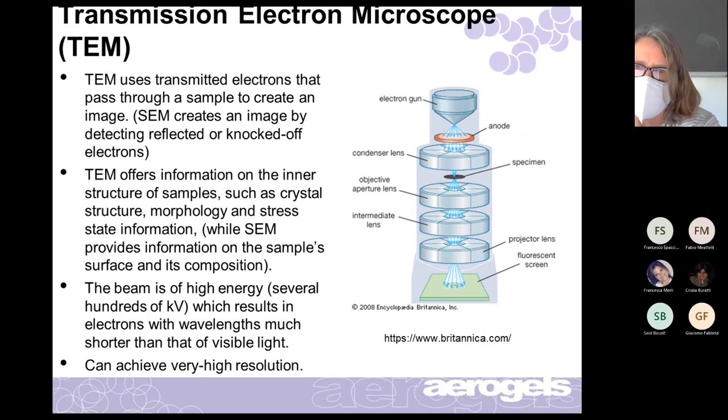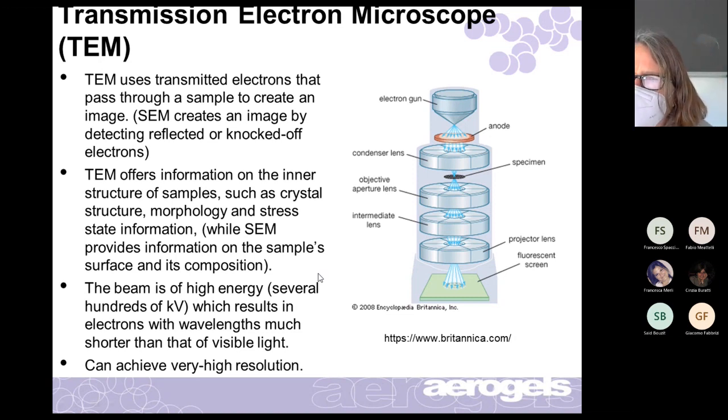People call it both. And so where the SEM creates an image by detecting the reflected electrons, TEM transmits electrons through a sample to create an image.